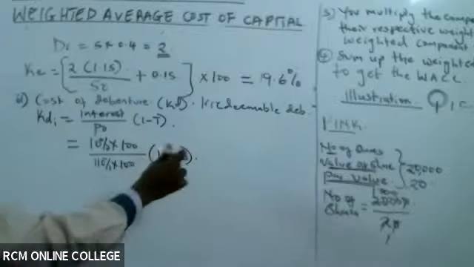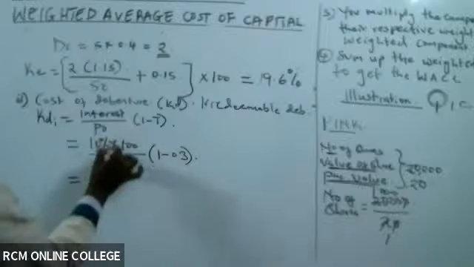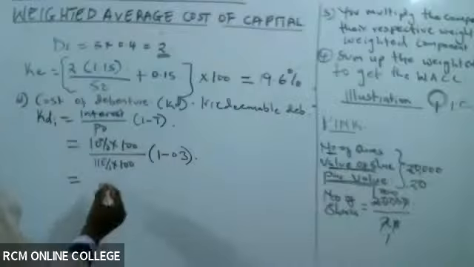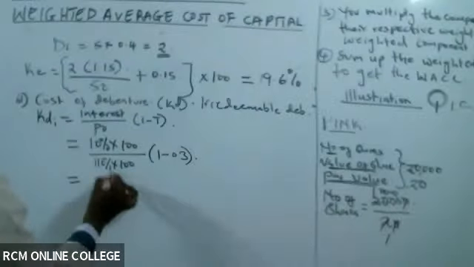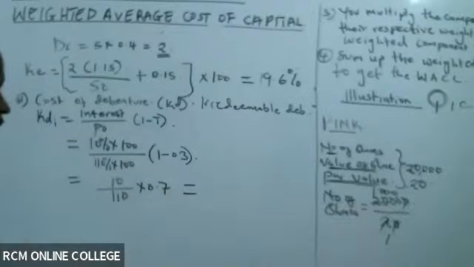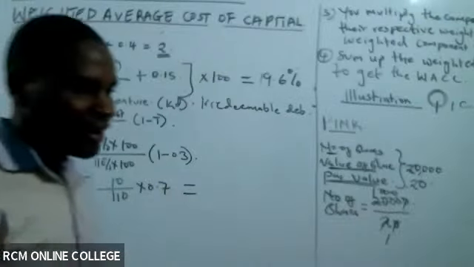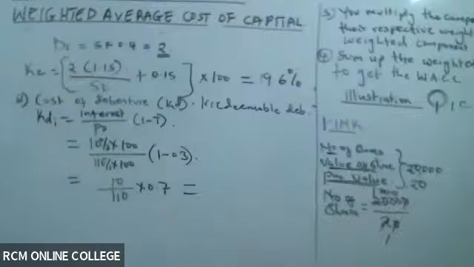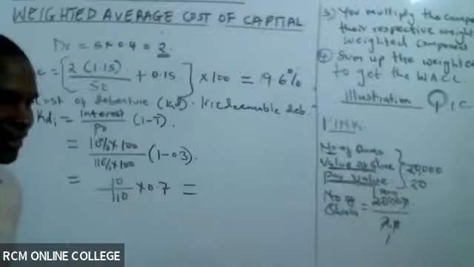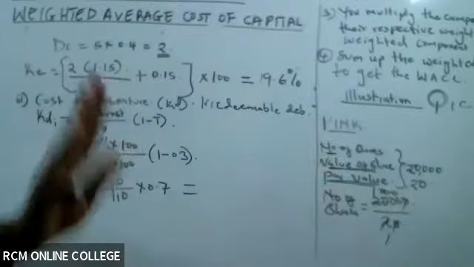So basically here we have 10% of 100, which is 10, divided by 110 times 0.7. What do you get? Let's see who got the KD. What is our KD here now? As simple as that.